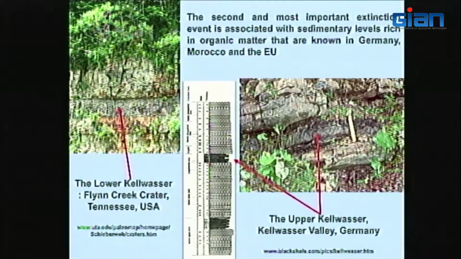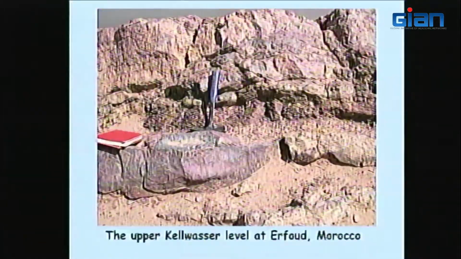And here you have the lower one and the upper one. This one is in Germany, in Europe, but again, you can see black shale, laminated, with almost no life in it. And if you go to Morocco, this is an overview of the upper black shale event, upper Kellwasser.